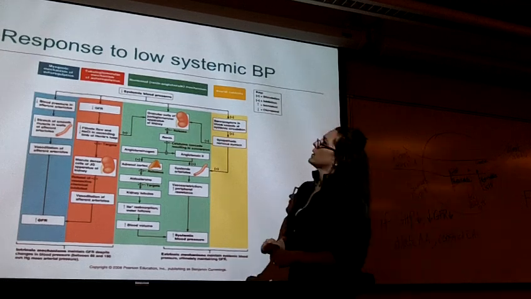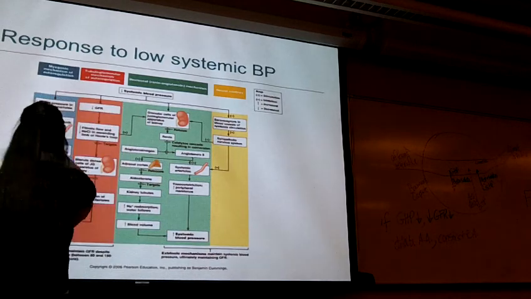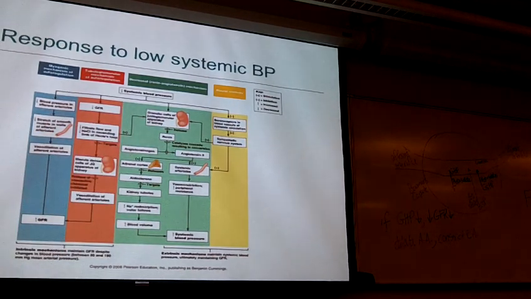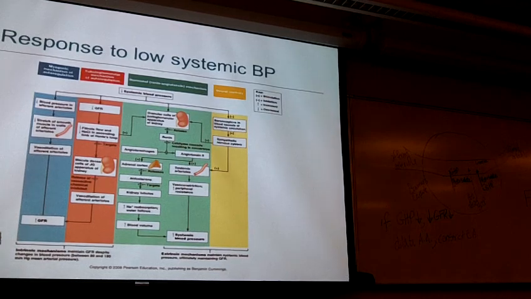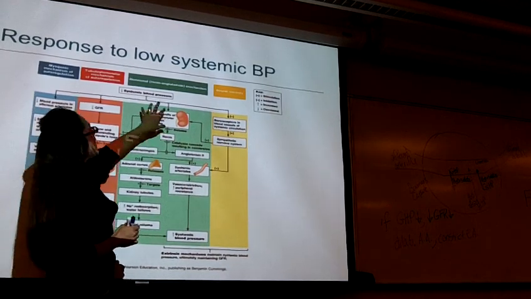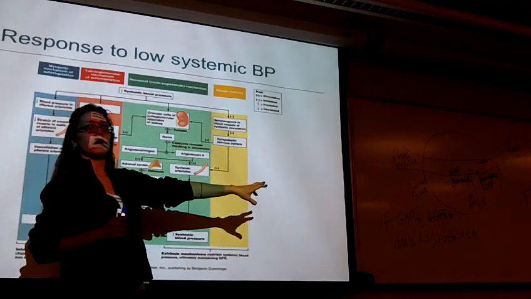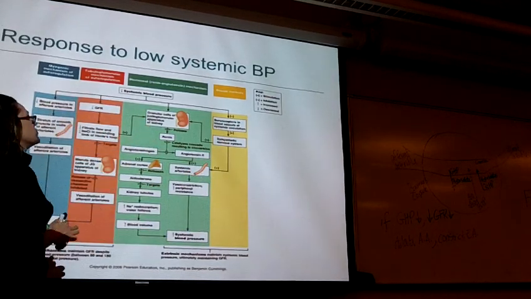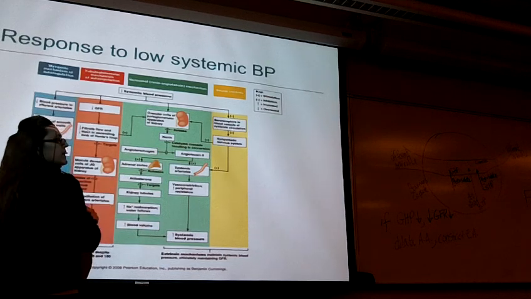And we already talked about autoregulation, what will happen in terms of the change in diameter of the afferent and efferent arterioles. In terms of hormones, a drop in GFR, and again, in this case, it's due to a drop in systemic blood pressure, causes renin to be released.